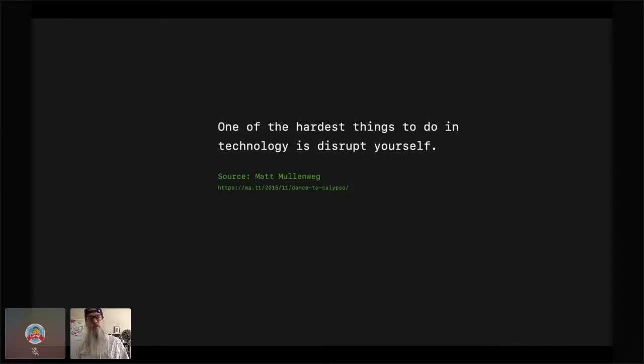In 2015, Matt Mullenweg wrote about Calypso, the project. In that, he writes that one of the hardest things to do in technology is disrupt yourself. So he was thinking about that already in 2015. How can we disrupt WordPress in such a way to move it forward, to keep pushing it into the future?